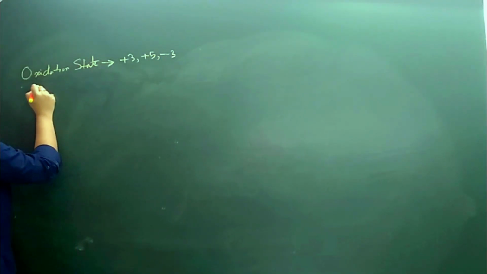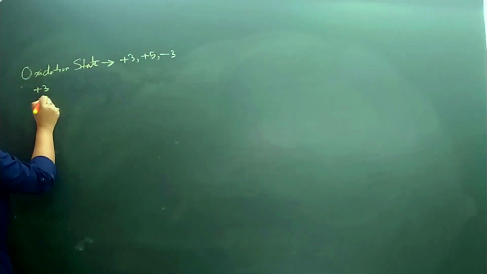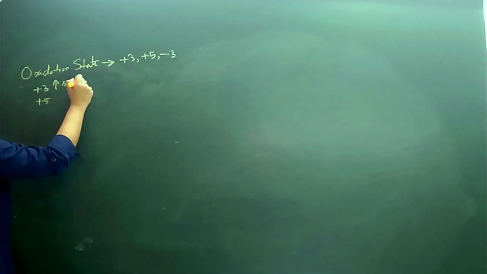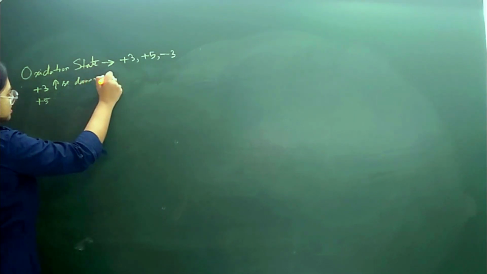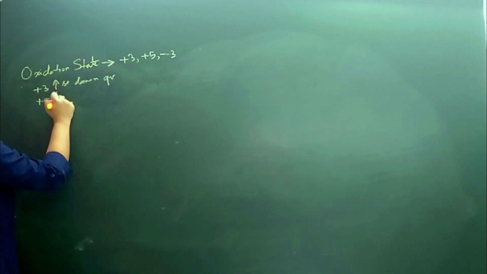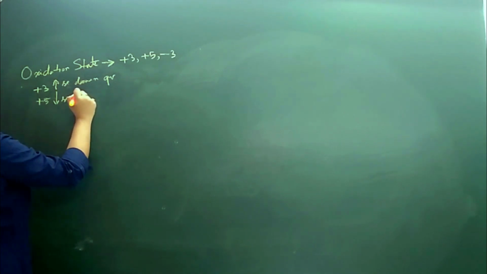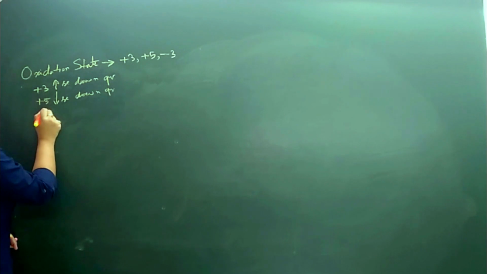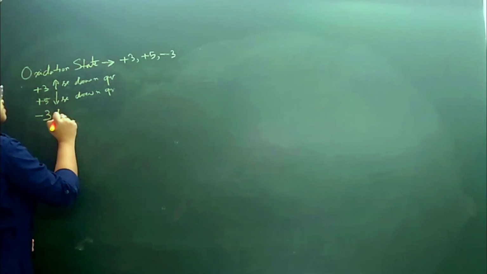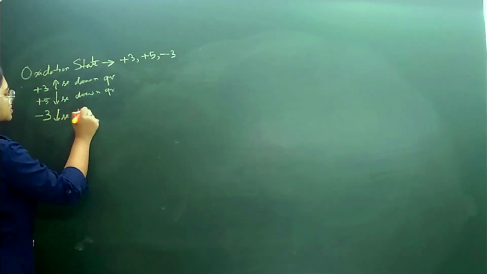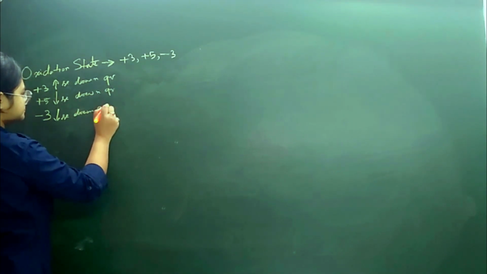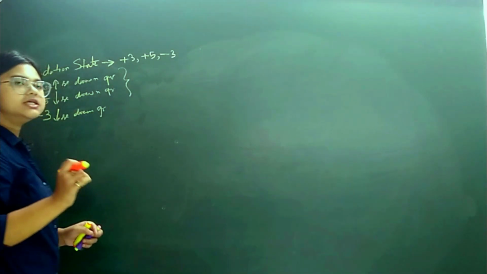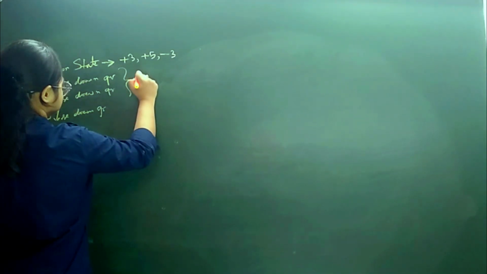The +3 state increases down the group and +5 decreases down the group, and the -3 state also decreases down the group. The +3 and +5 trends are due to the inert pair effect.